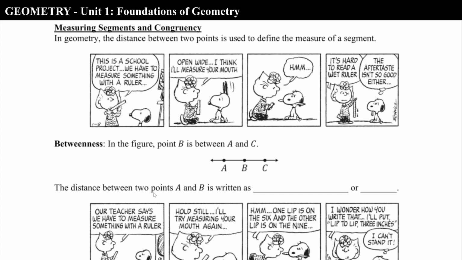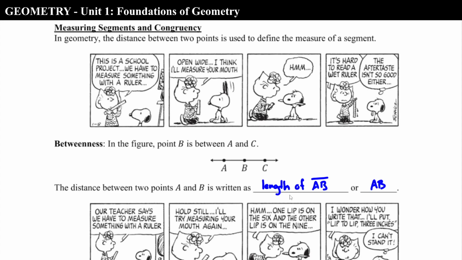The distance between points A and B is written as the length of segment AB. And remember, when we're talking about a segment, we use a line on the top. Or we can shorthand it by just saying AB with no line drawn on top. If there's no line drawn on top, then it is understood that we're talking about the length or the distance of that line.